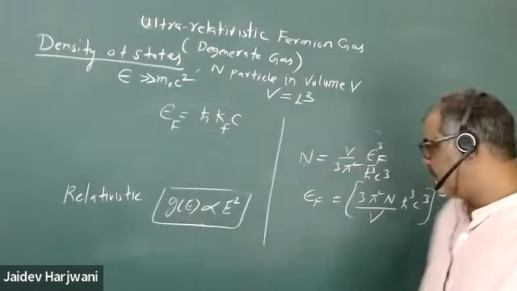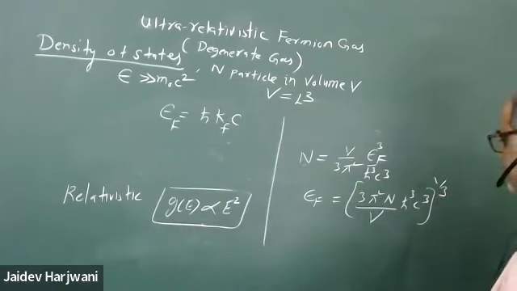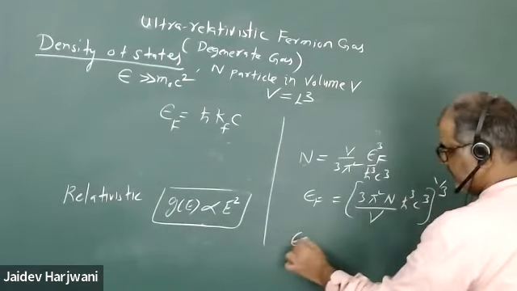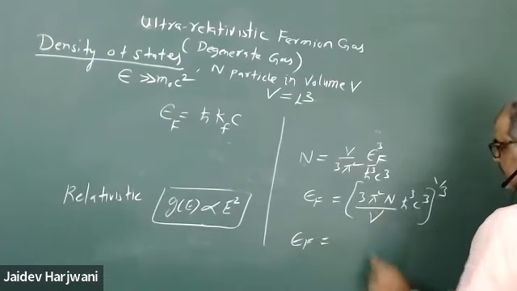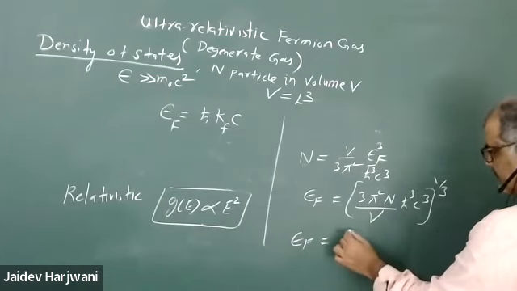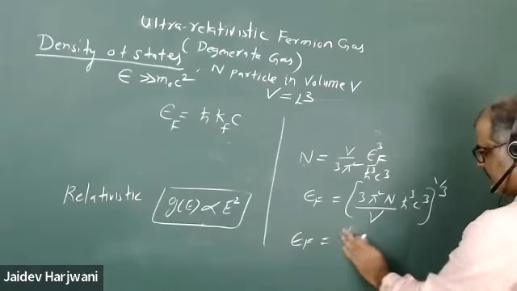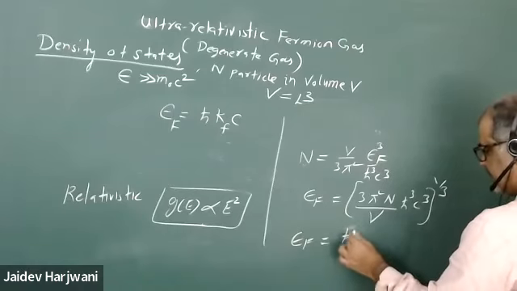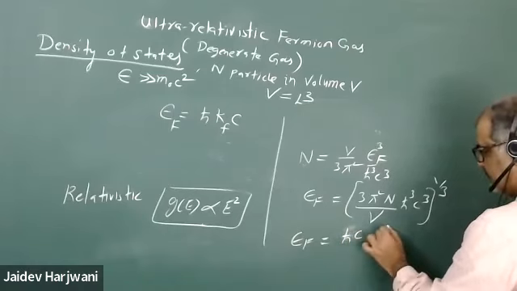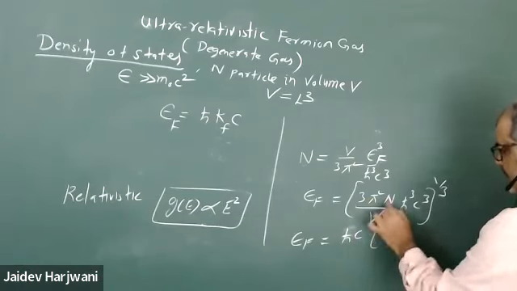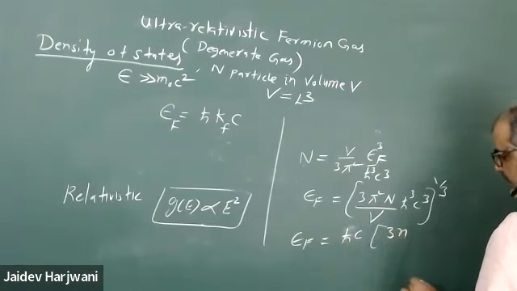Now if you solve further, I can get EF equals to what? Pi square, pi will come out, h cut will come out, c will come out. You have 3 n upon v, you can write n.